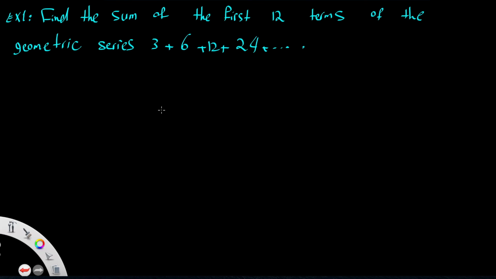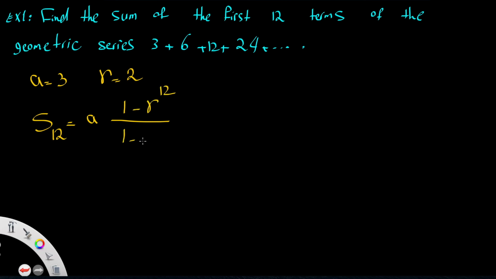Example number 1. Find the sum of the first 12 terms of the geometric series 3 plus 6 plus 12 plus 24. As you see here, the first term is 3 and the common ratio is 2. All terms are multiplied by 2: 3 times 2, 6 times 2, 12 times 2. So in order to find the sum of 12 terms, we use this formula, a times 1 minus r to the power of 12 over 1 minus r.